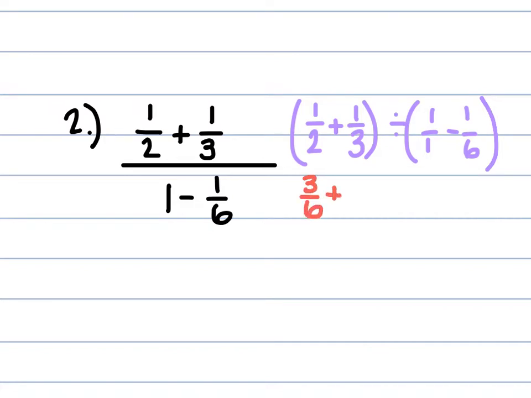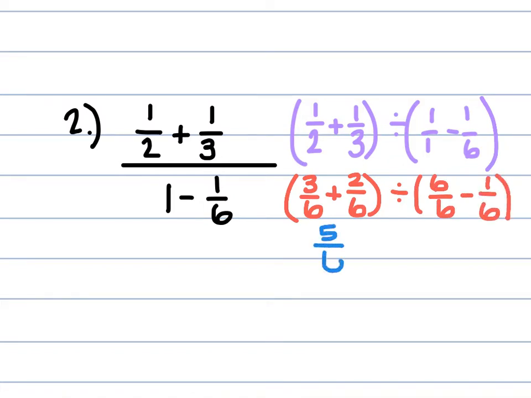Then the 1/3 will turn into 2 over 6. And then your next set will be 6 over 6 minus 1 over 6. From here, you're going to have 5 over 6 divided by 5 over 6. Well, any number divided by itself is just 1. You could keep, change, flip. It would just become 5/6 times 6 over 5, which is, again, just 1.